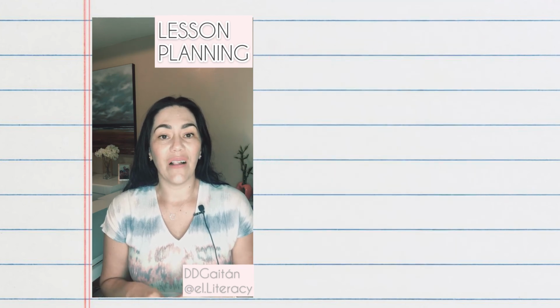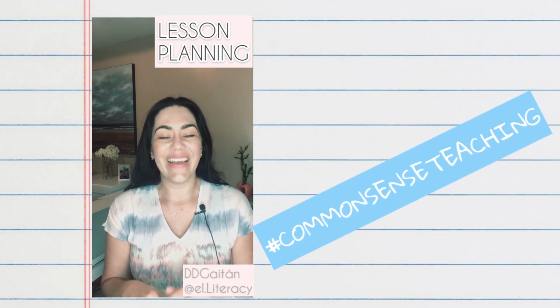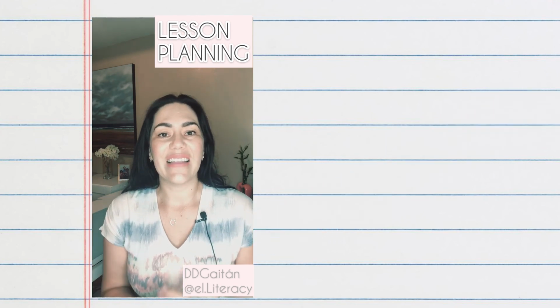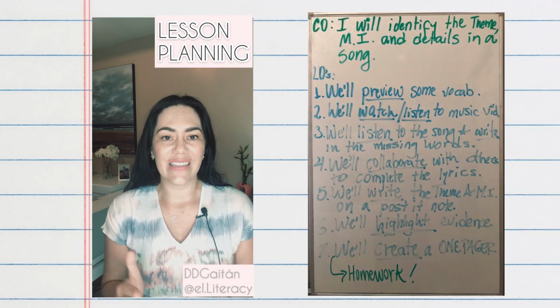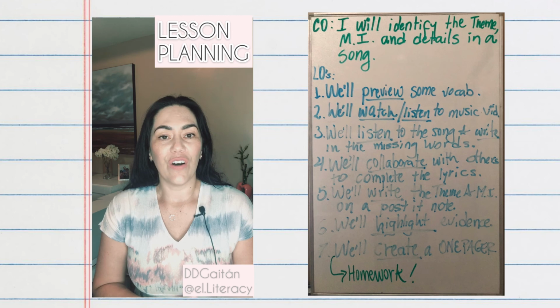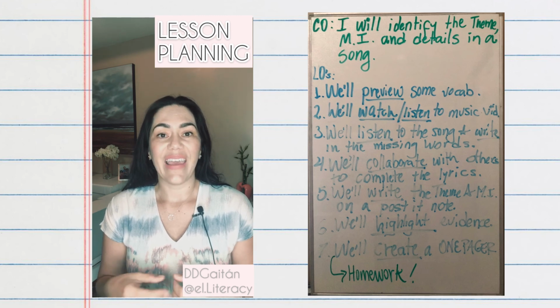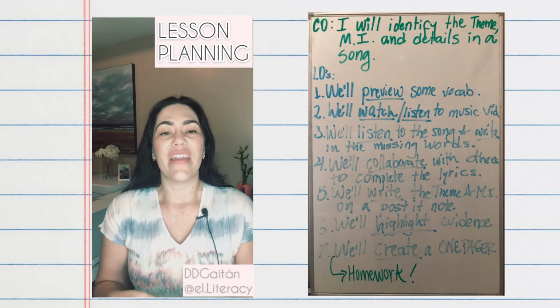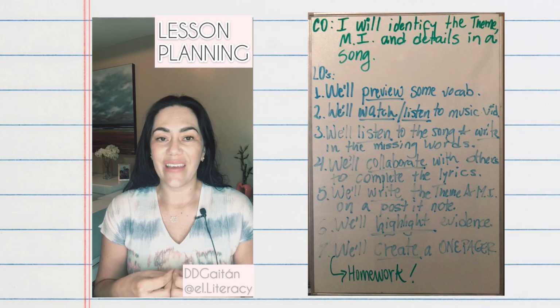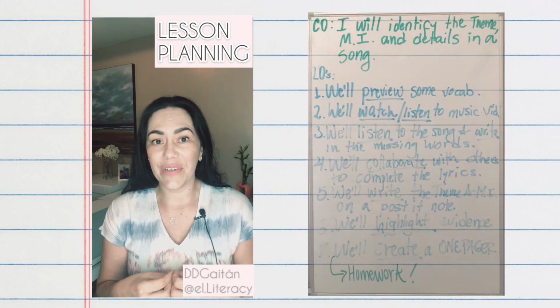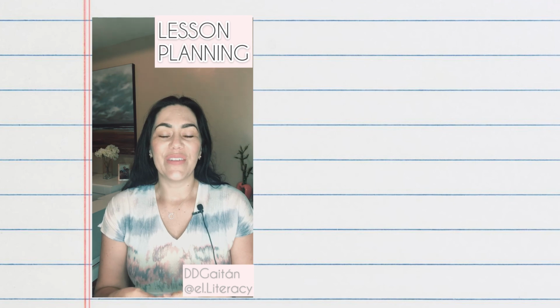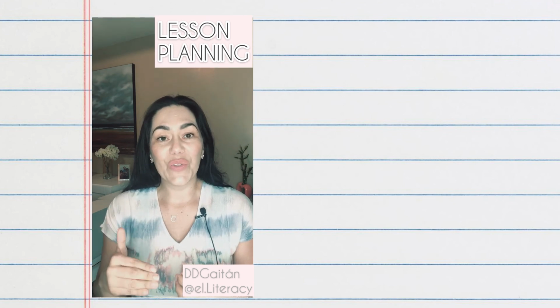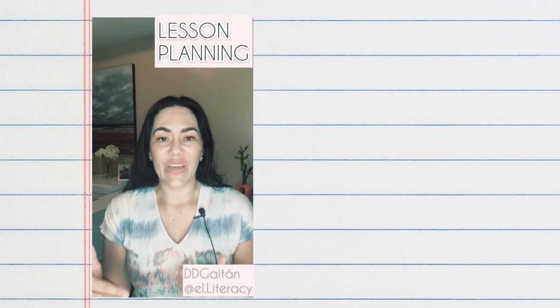It's what I like to call common sense teaching. Then in class, I display all of these learning tasks in the form of an agenda. It is very helpful not only to avoid the never-ending question of what are we doing today, but also to keep me on track of what we're doing, the pace, and the sequence.